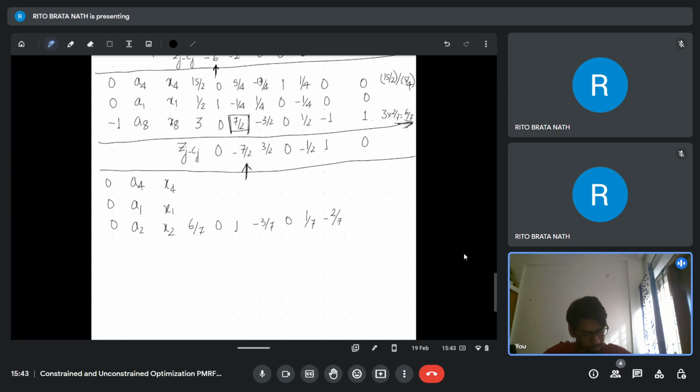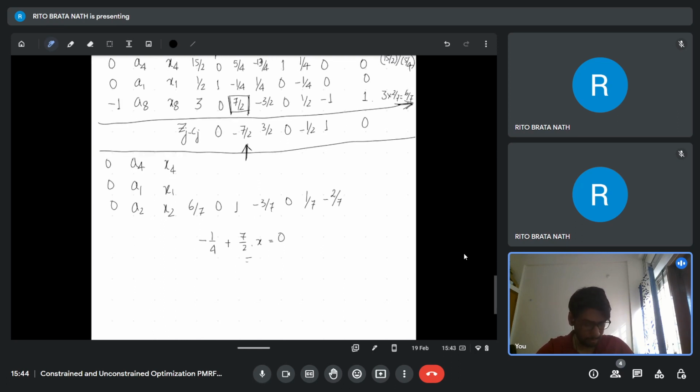Now what you have to do, you have to make this one as 0. Okay, so what you have is minus 1 by 4 plus 7 by 2 x equals 0. So let's find out the multiplier value. 7 by 2 x equals 1 by 4, x equals 1 by 4 times 2 by 7.